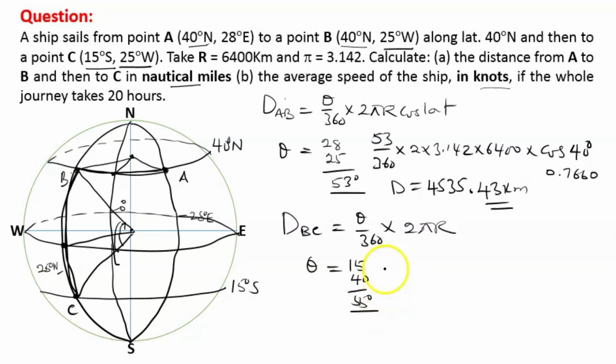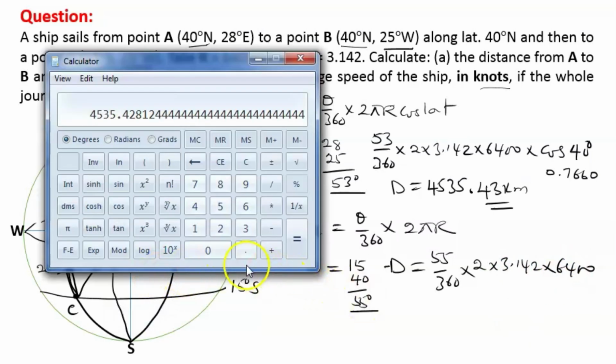All right, so without wasting time, let's quickly do this. So we have theta is equal to 55 divided by 360 multiplied by 2 multiplied by 3.142 multiplied by 6400. If we punch this on our calculator now, we have 55 divided by 360 multiplied by 2 multiplied by 3.142 multiplied by 6400.